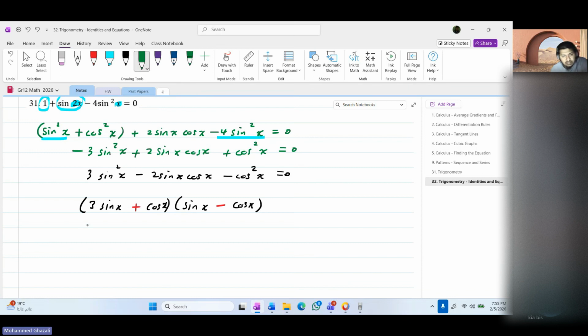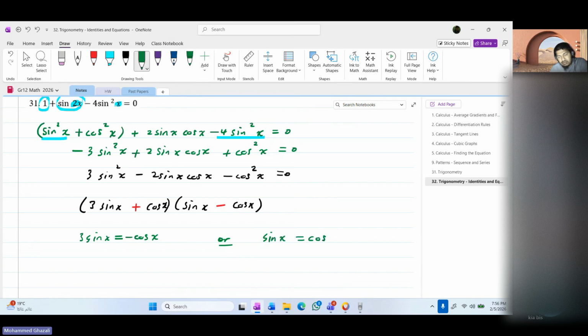Now solving this will give me 3 sine x plus cos x is equal to 0. Or better, make 3 sine x is equal to negative cos x, or sin x is equal to cos x. See how neat this worked out.